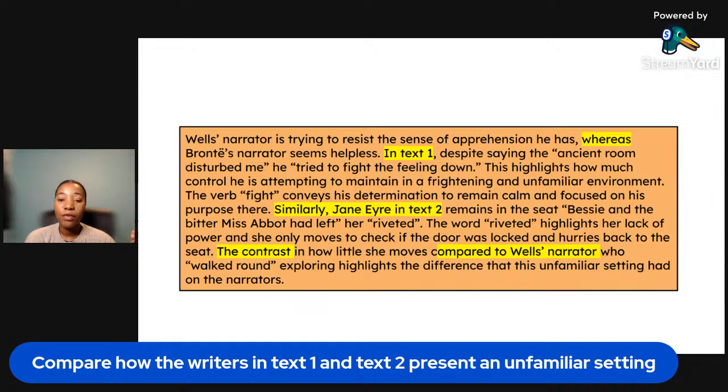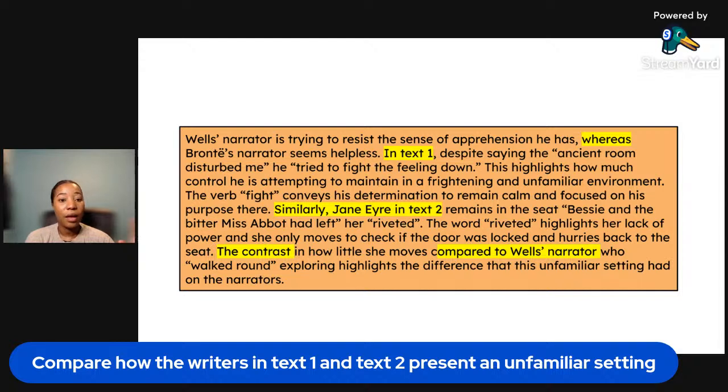The word riveted highlights her lack of power, and she only moves to check if the door was locked and hurries to the seat. The contrast in how little she moves compared to Wells's narrator, who walked around exploring, highlights the difference that this unfamiliar setting had on the narrators.